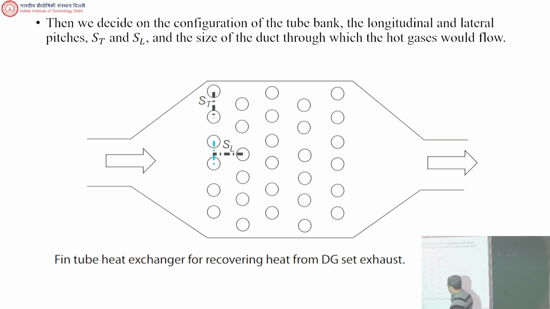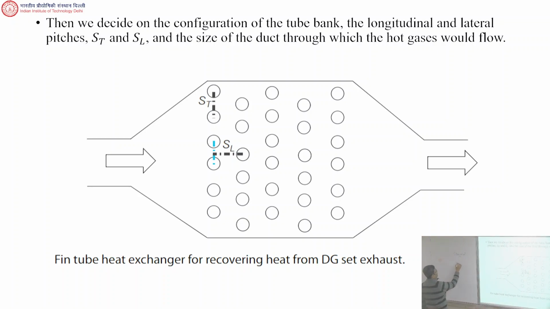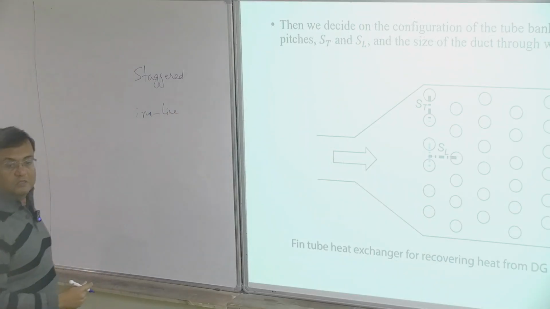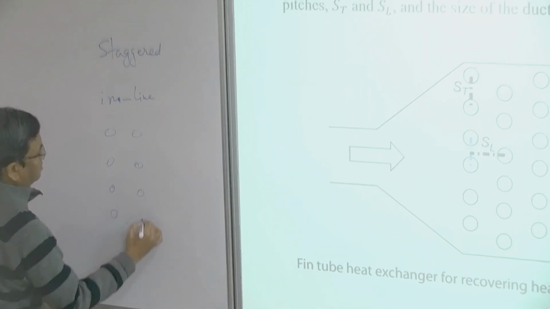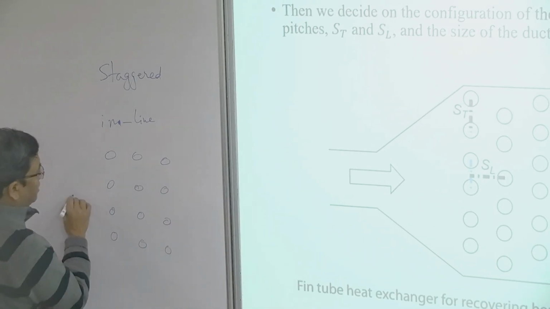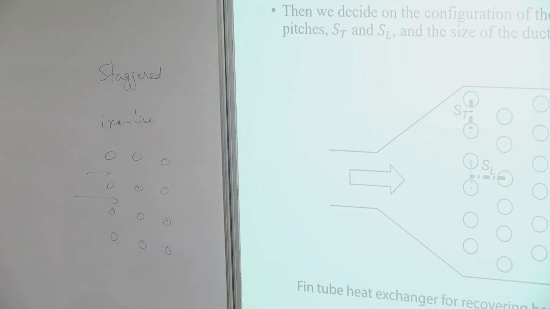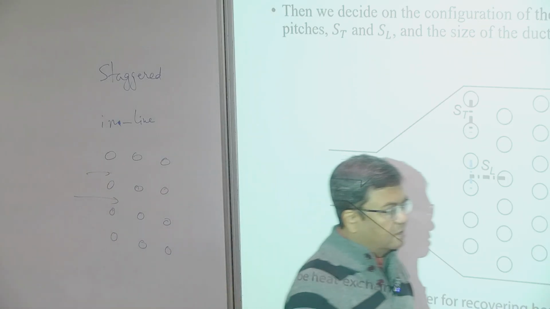Because the flow comes like this, and then the flow doesn't have an opportunity to pass straight through because it's obstructed by these tubes. So there can be a staggered arrangement, and staggered arrangement is the one which you see on the screen, but inline arrangement will mean something like this. Okay, this is inline arrangement. In inline arrangement, the flow has a tendency to bypass the tubes, which can affect the heat transfer. Okay, so we can decide ST and SL.